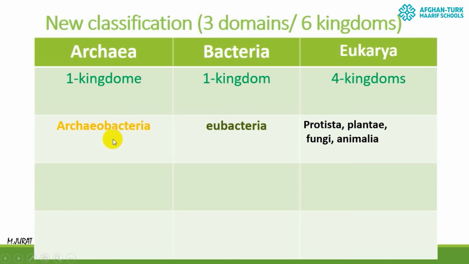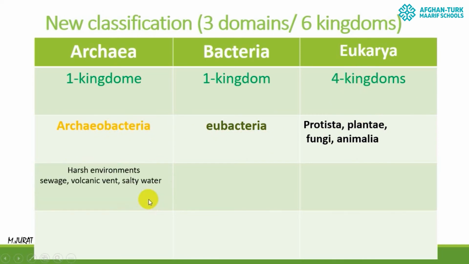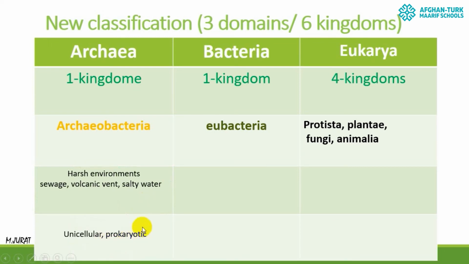For example, they can live in places where bacteria cannot live, or eukaryotes cannot live, for example, volcanic vents, or very salty water. Other living organisms cannot live in those places. Their cell type is prokaryotic and they are always unicellular.